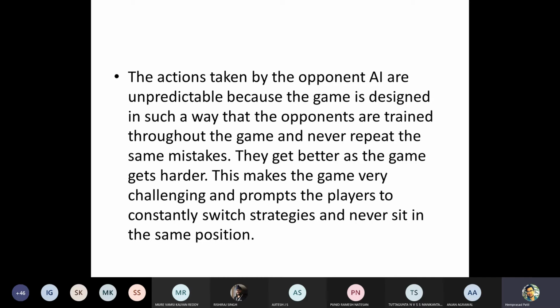This makes the game very challenging and prompts the players to constantly switch strategies and never sit in the same position. So we are going to design one game where an AI-based agent will be there as opponent, and we will be playing that game. Simple game, but yes, we are going to see this live in a hands-on implementation way.